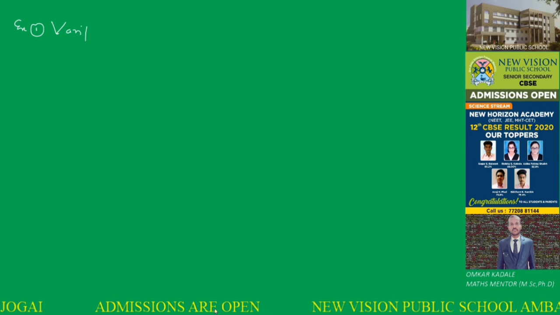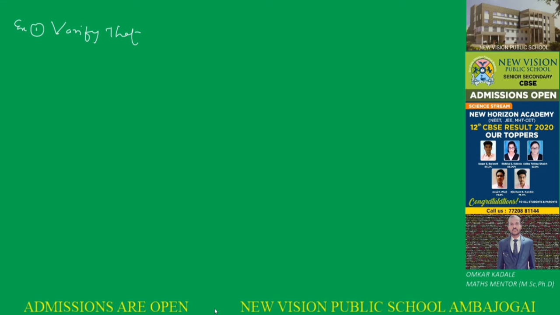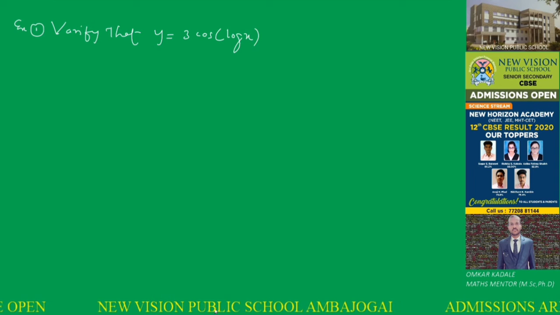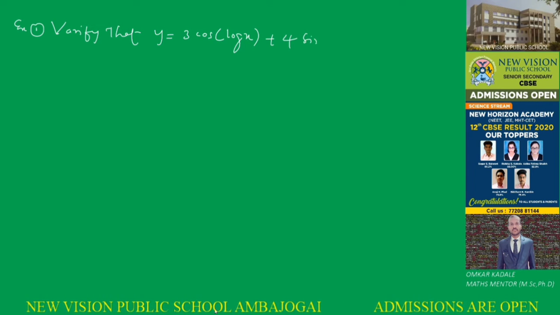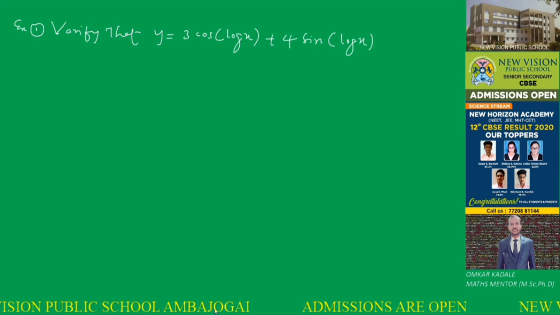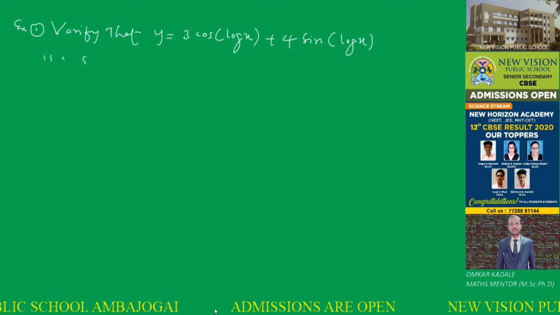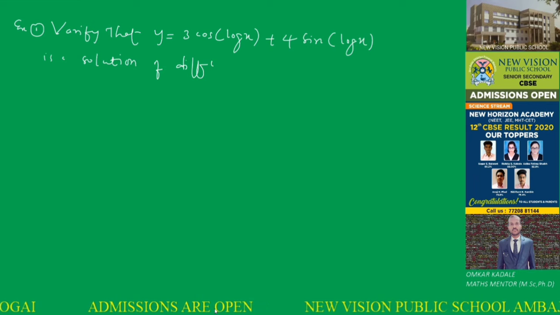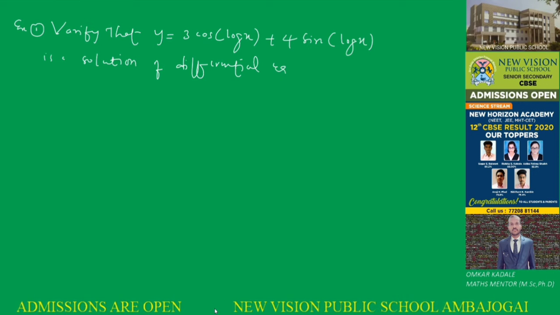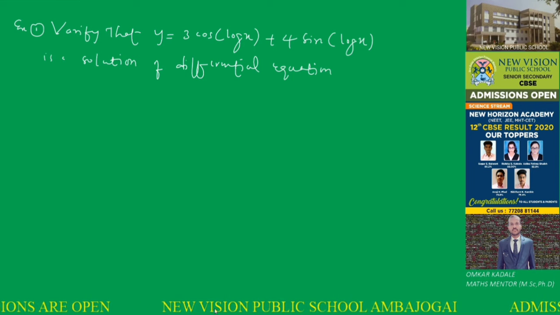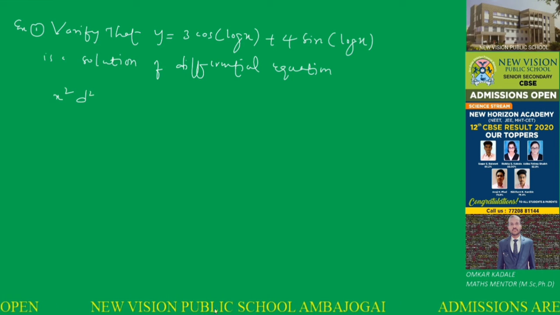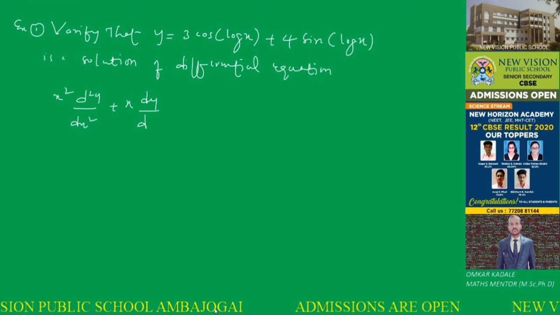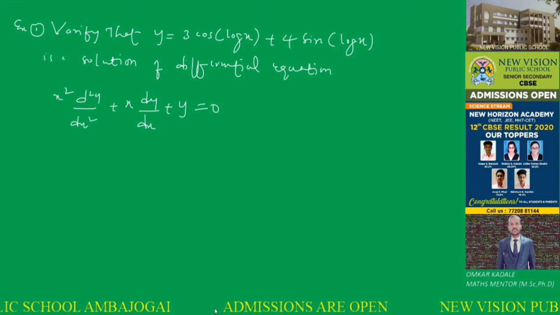Verify that y equals 3 cos log x plus 4 sin log x is a solution of the differential equation x square d2y upon dx square plus x dy by dx plus y equals 0.